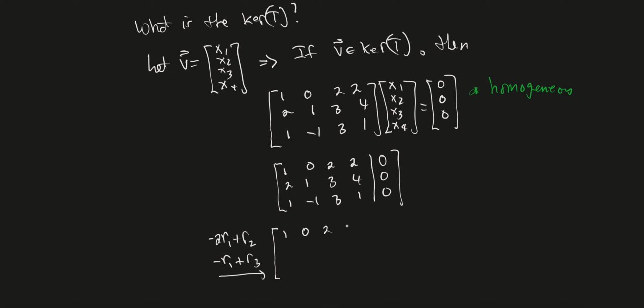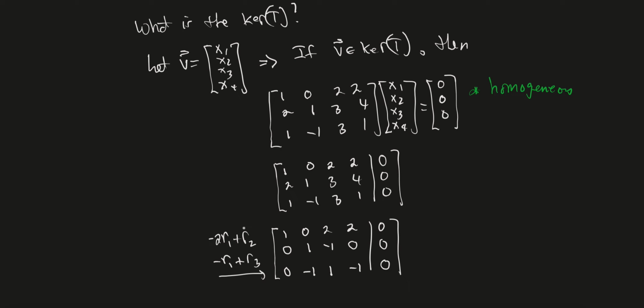My first row remains as it is. In the second row, we have a 0, still a 1, then negative 4 plus 3, that's negative 1, negative 4 plus 4 is 0, and 0 plus 0 is 0. Now take the negative of the top row and add it to the bottom row, so we'll have 0, negative 1, 1, negative 1, and 0.